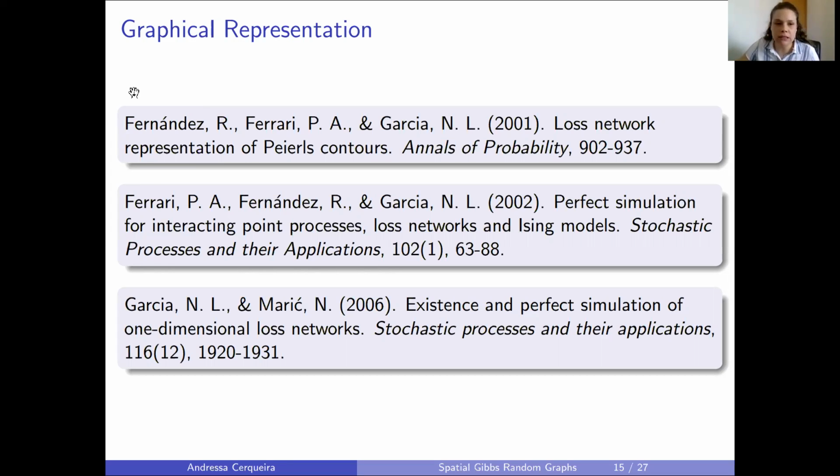This is not a new method or technique. It was used before for loss networks, for Ising models, or interacting point processes in these works here. I'm just using this technique to see what happens in graphs when I have dynamics on graphs.